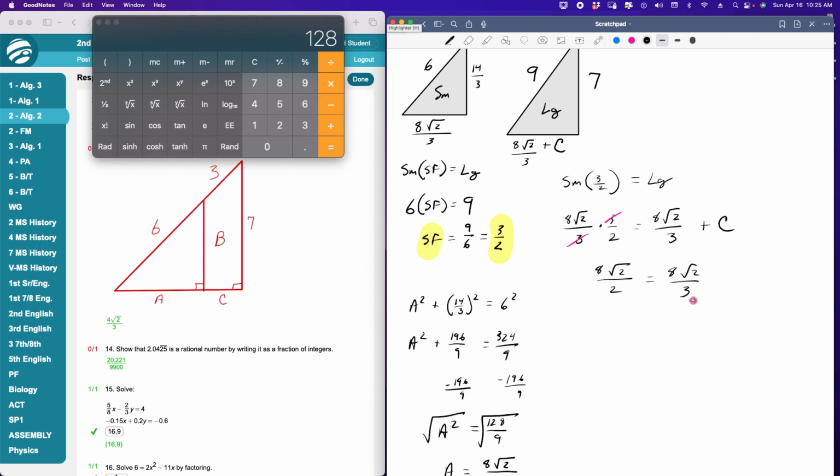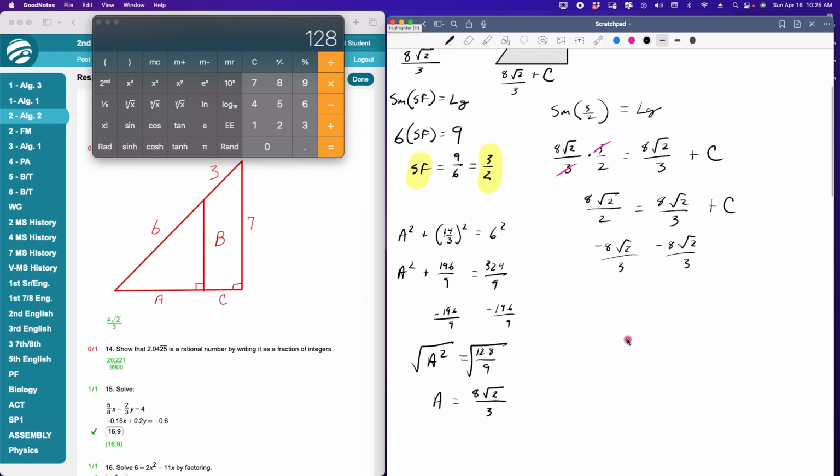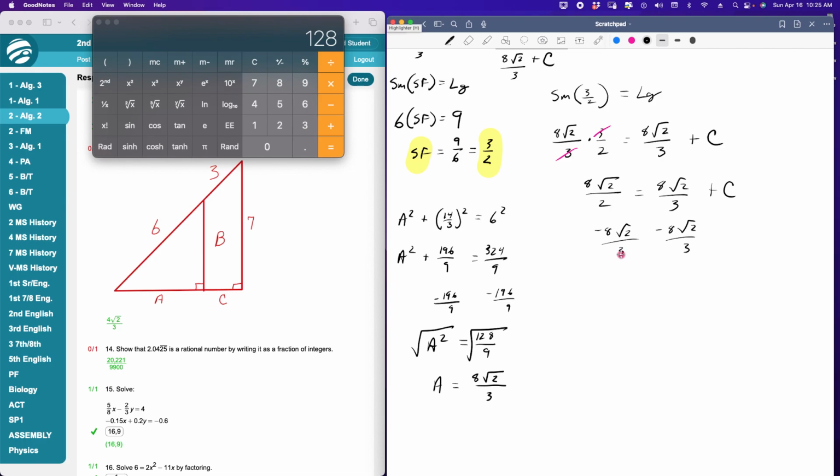So now I can get a common denominator when I bring this over. So let's do that. I'm going to subtract 8 times the square root of 2 over 3 from both sides. But I want to get a common denominator when I rewrite this. So I'm going to multiply by the opposite denominator. So 3 times 8 is 24 times the square root of 2 over 6.